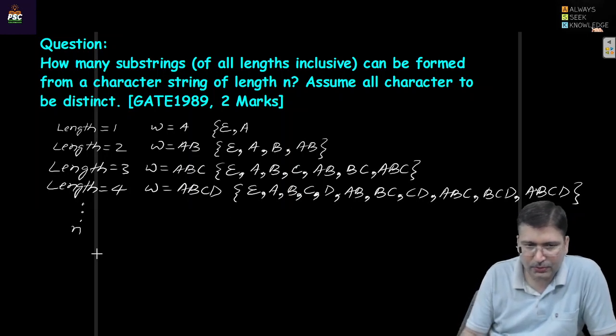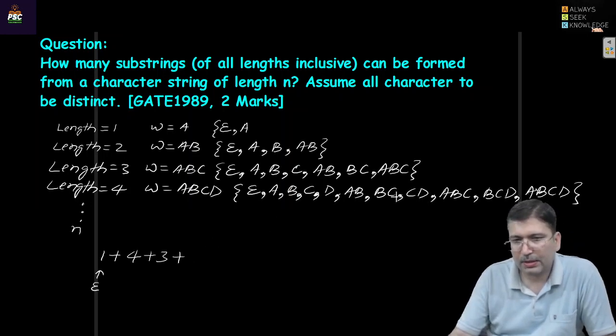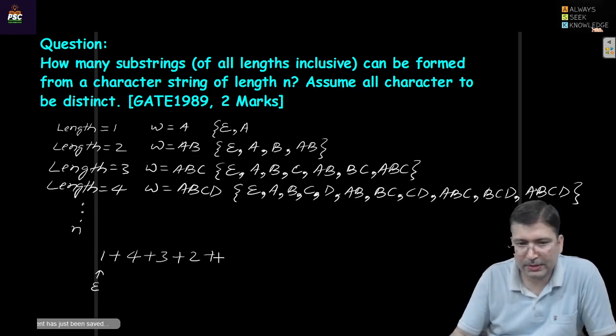When n is equal to 4, there will be one string of 0 length, that is epsilon. Apart from epsilon, 1 length there will be 4 strings because there are 4 characters. Then 2 length there will be 3 strings, then 3 length there will be 2 strings, and then 4 length there will be 1 string.